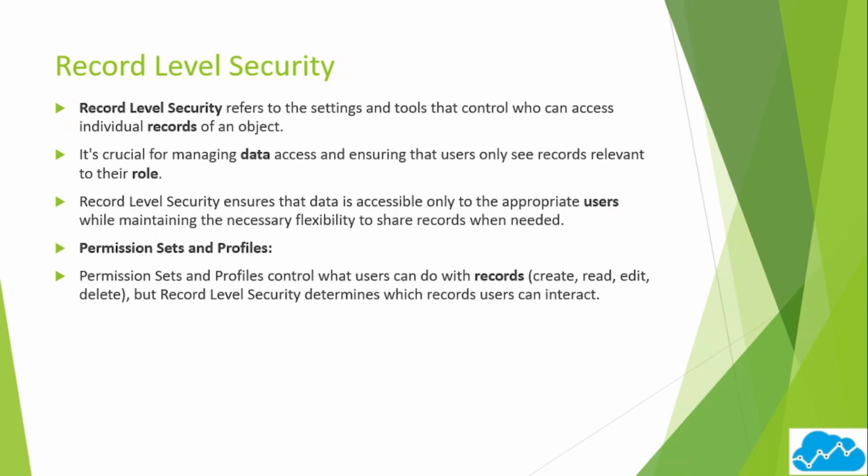So we have to provide security at the record level. That is why it is called record level security. Which record is visible to which user, or who can access a particular record, all of that comes under record level security.